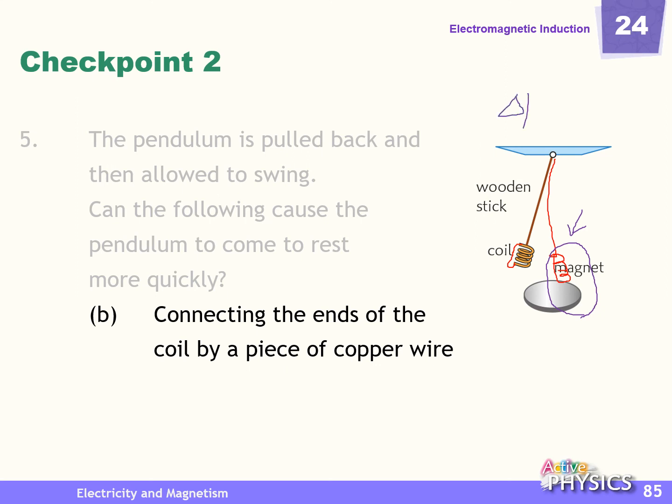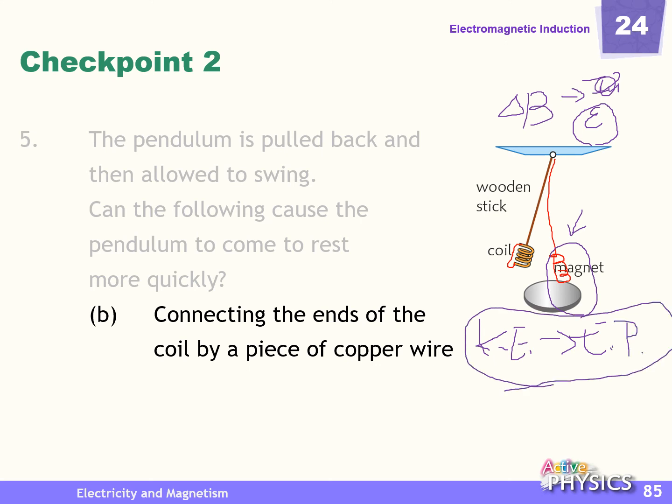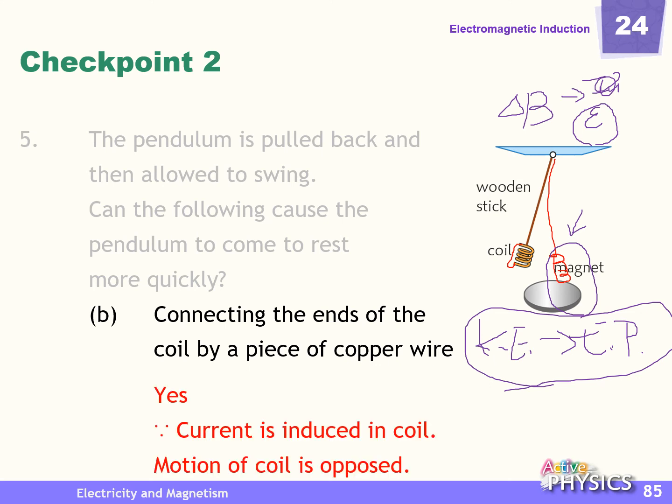So there is a change in magnetic field, and then there will be an induced EMF. This is the symbol for induced EMF. Then the kinetic energy is converted into electrical power. Okay, so the velocity will decrease, and it comes to rest more quickly. Yes, there is current induced in the coil, so the motion is opposed, or it slows down.